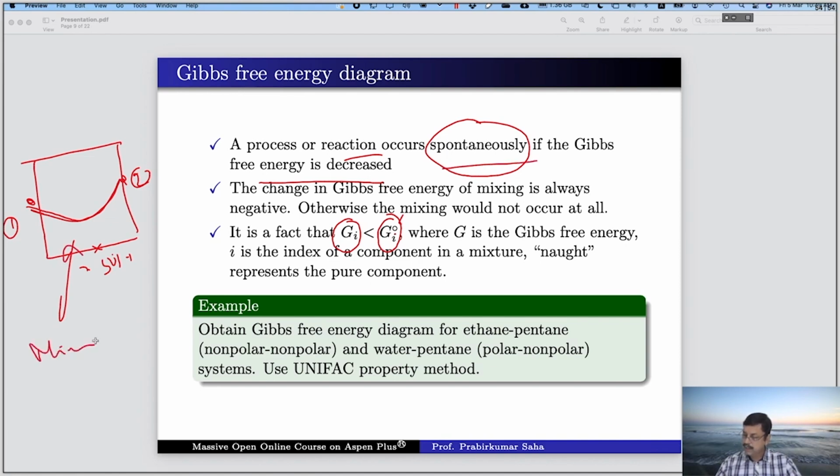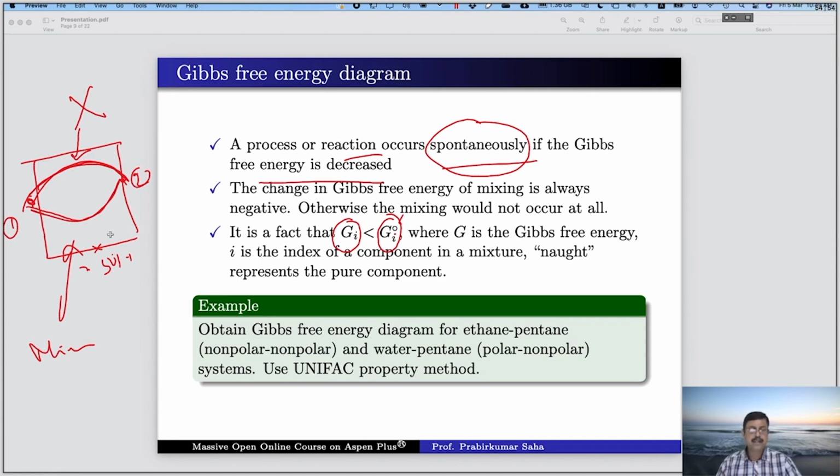If the Gibbs free energy diagram is something like this, then it is not a spontaneous reaction, or we can conclude that these two components are not miscible at all.